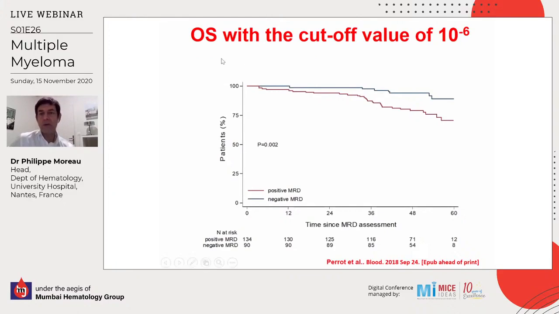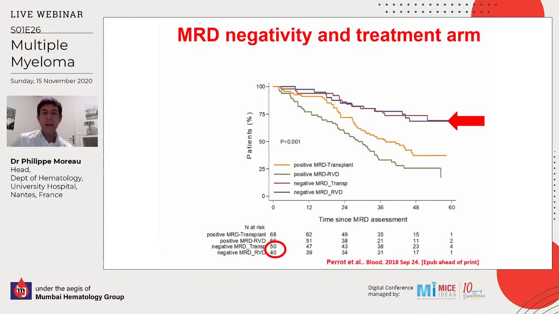And this is overall survival. Not only PFS matters, but OS. And you see here the cutoff value of 10 to the minus 6, MRD negative patients in blue and MRD positive patients in red. And interestingly, we looked at the treatment arm, VRD alone or VRD plus stem cell transplantation.